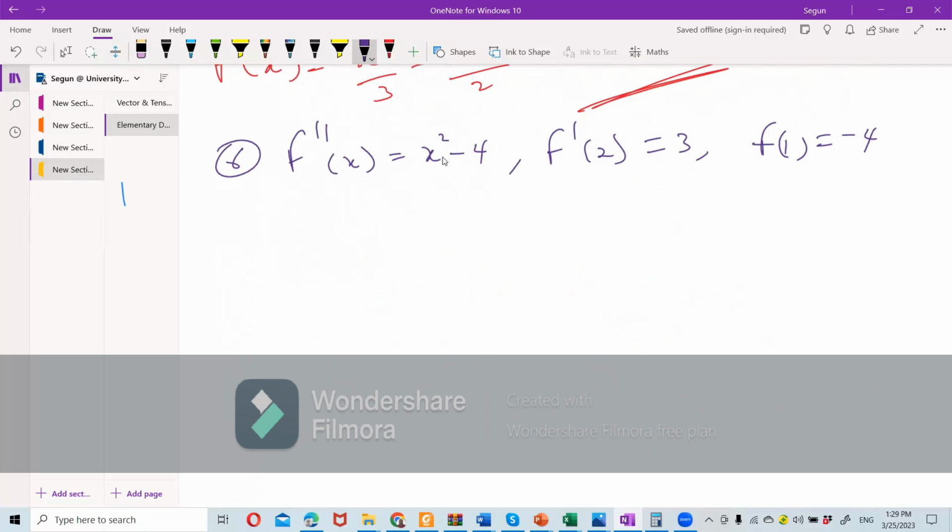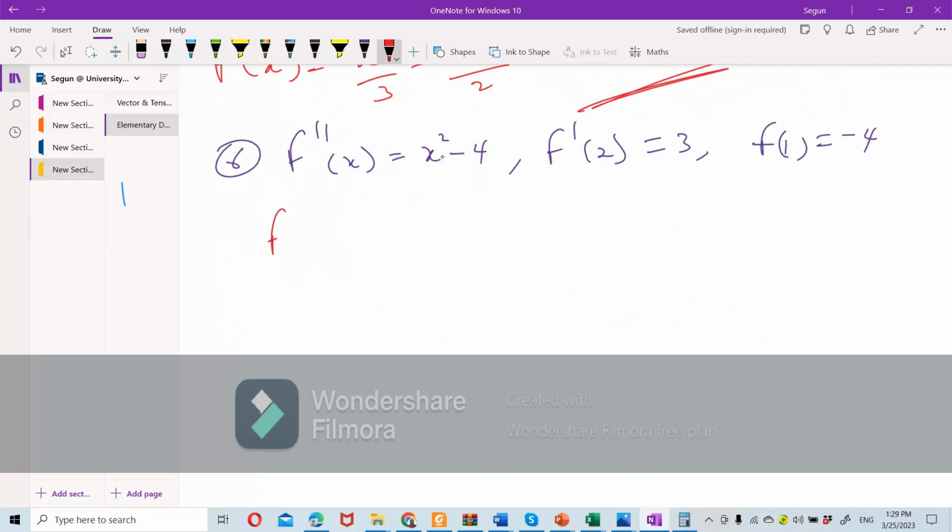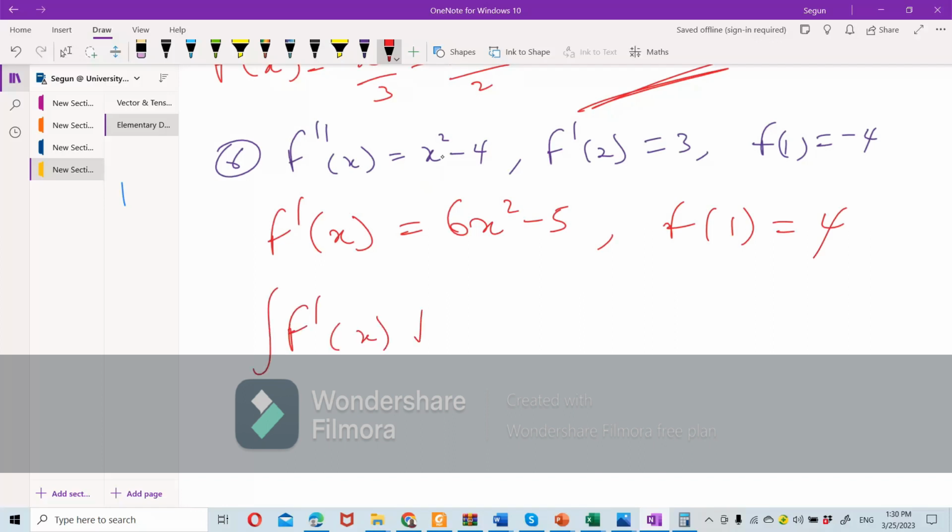The first one says f prime of x equals 6x squared minus 5, and f of 1 equals 4. We know the way you solve it. When you integrate this one, what do you have?